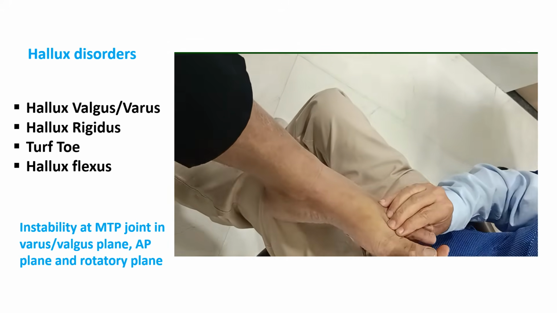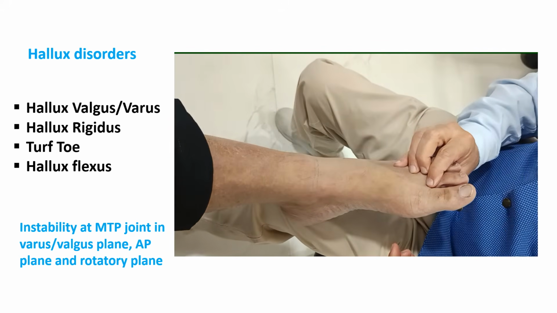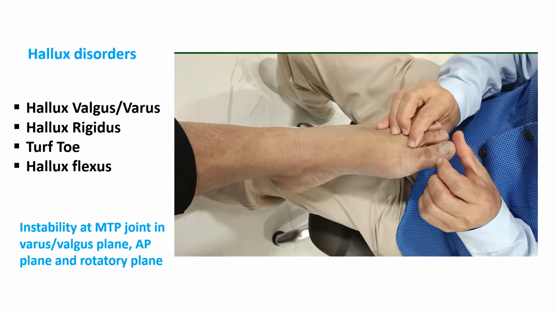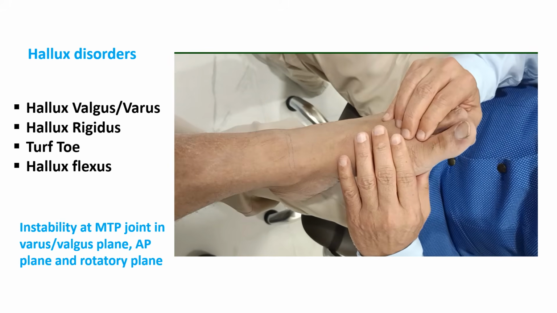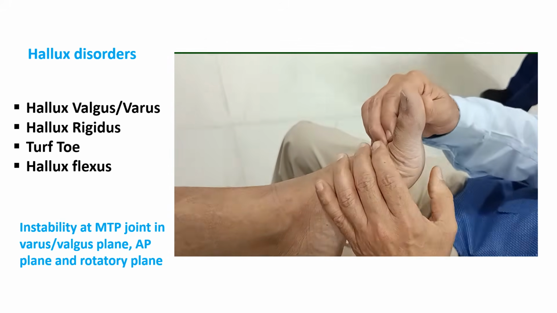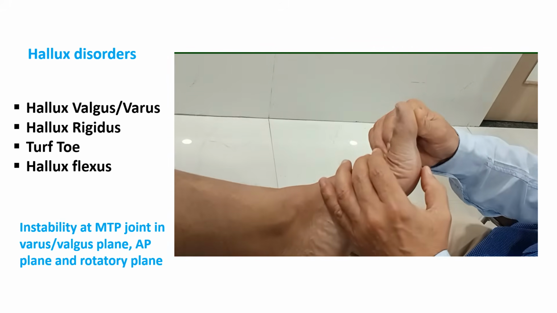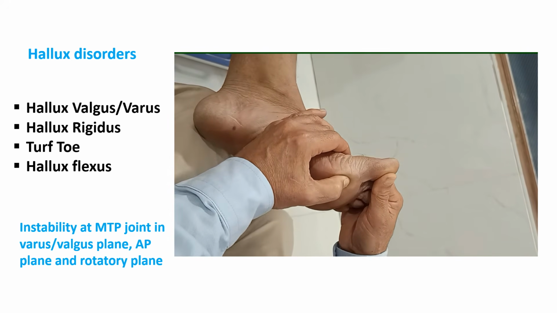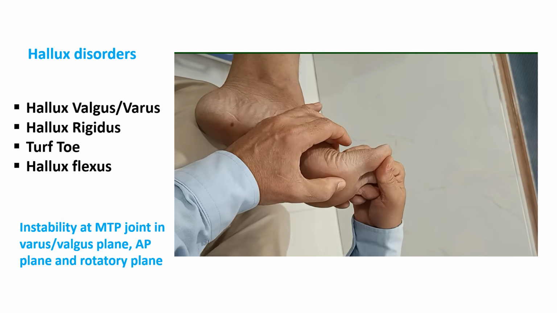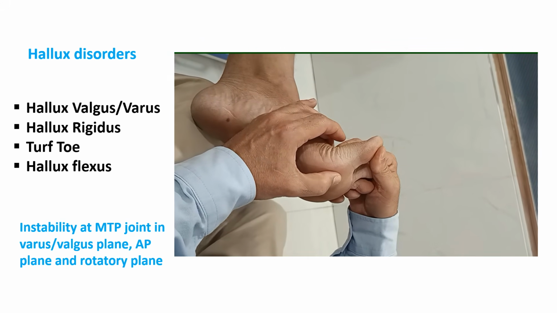The other common condition which can affect the great toe is turf toe. Here there is an injury to the plantar plate of the first MTP joint. The patient may have a tenderness here and the dorsiflexion is increased in these cases.